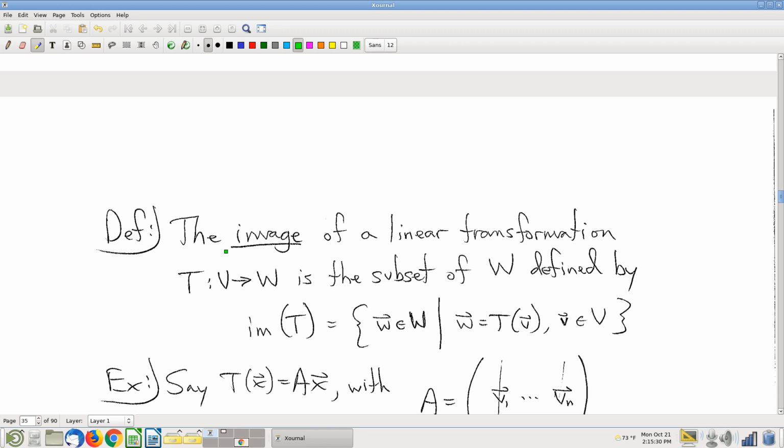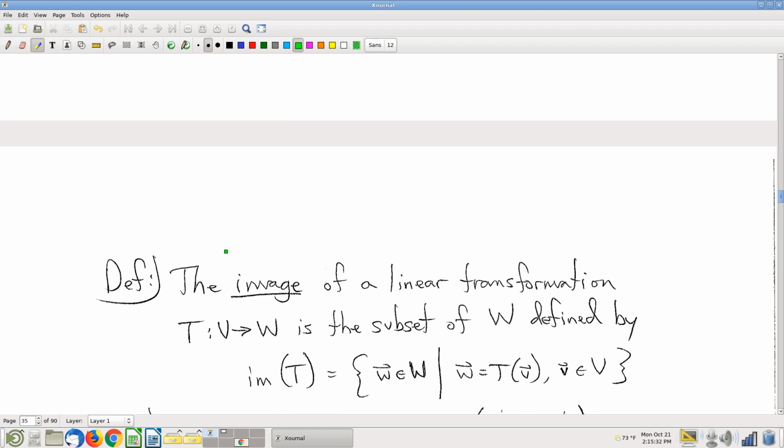Okay, another definition I've got to make: the image of a linear transformation. We've talked about that already, actually. The image of a function is the collection of points in the target that are actual outputs of the function, that come from actual inputs into the function.